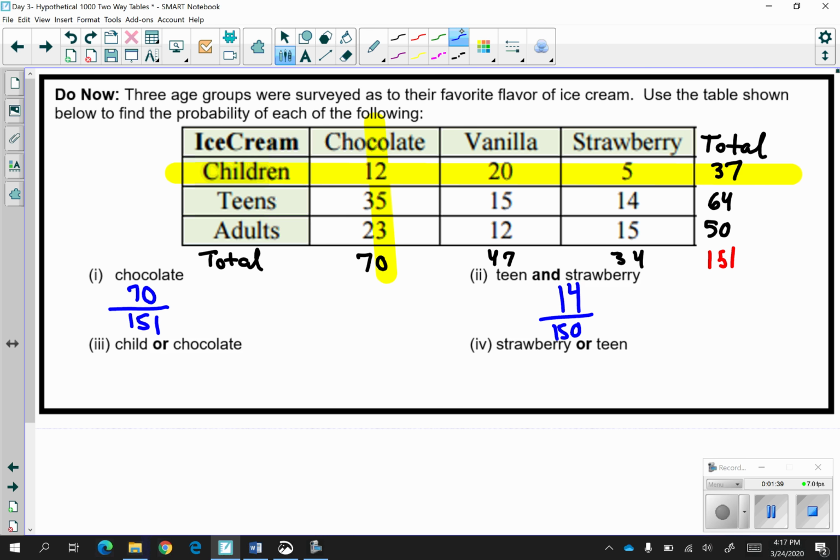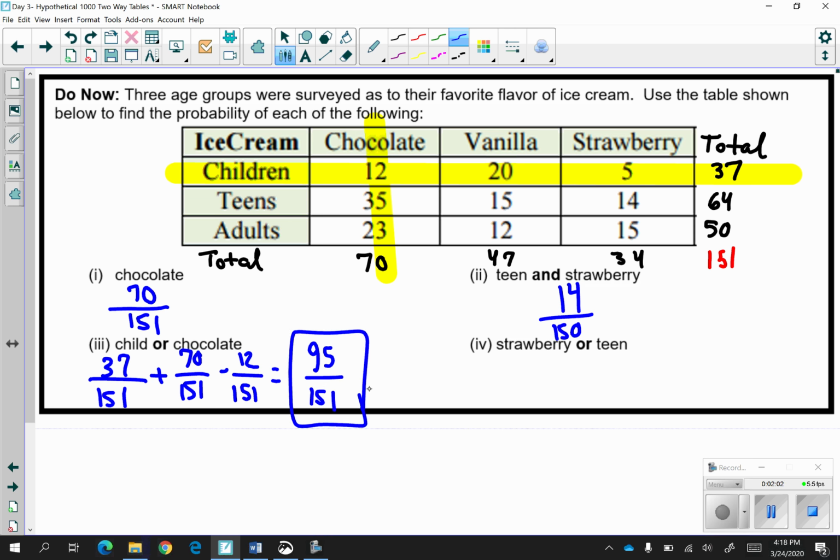We have that there are 37 out of 151 who are children. There are 70 out of 151 who like chocolate, and then they intersect at 12. So because the 12 was counted twice, we're going to subtract it once, and you get 95 over 151 people.